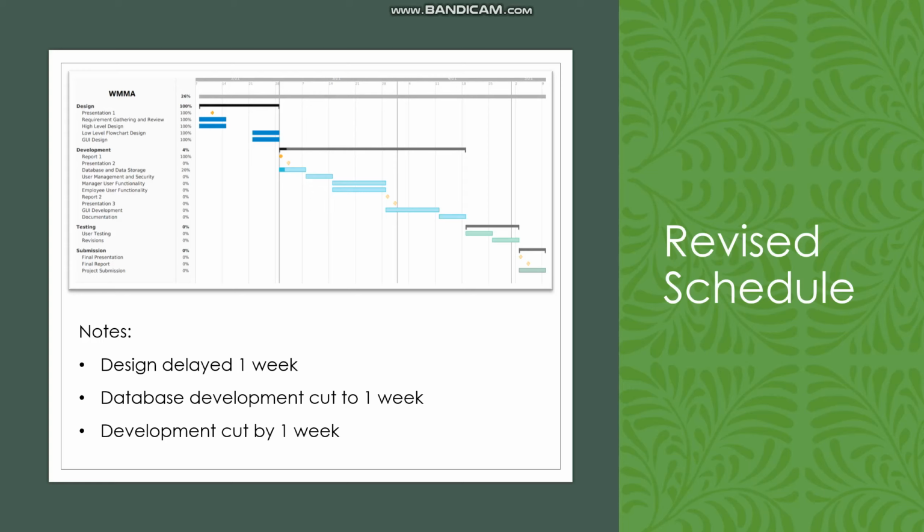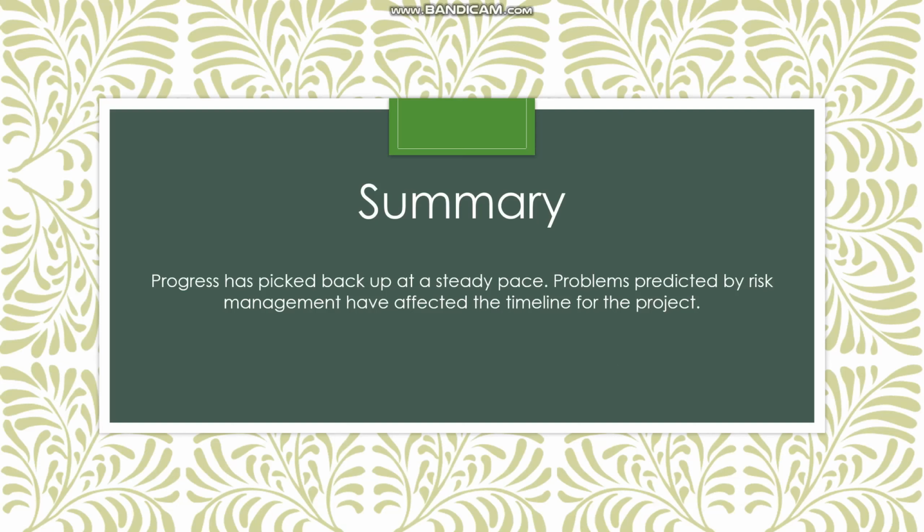I took off a week from database and data storage development, and instead of that being 2 weeks, it is now 1 week, which is the current week that I'm in right now. All right. But based on this schedule, the project should still be turned in at the correct time.